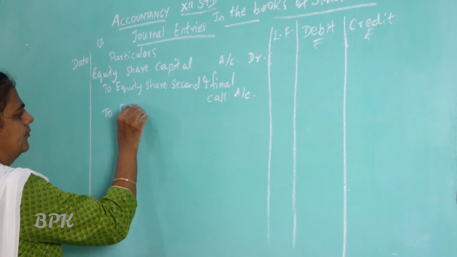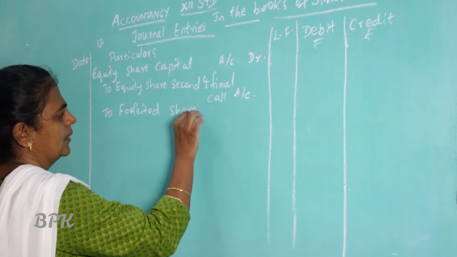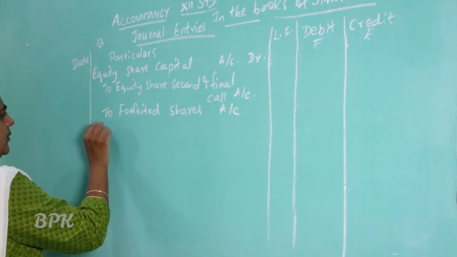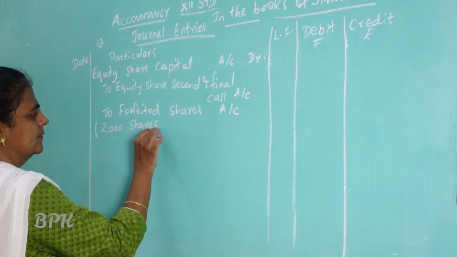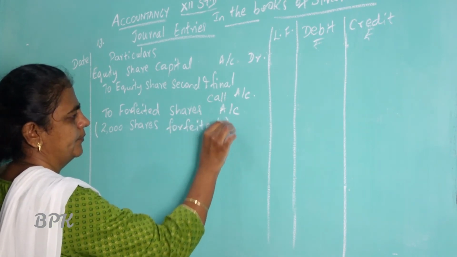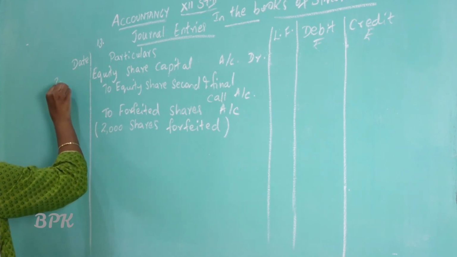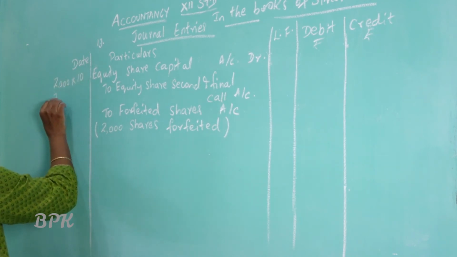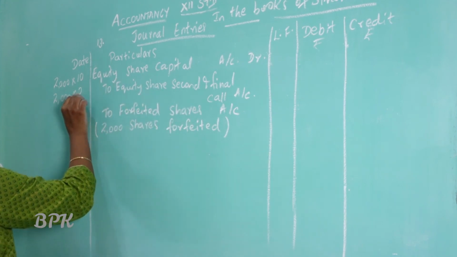To forfeited shares account. 2,000 shares forfeited. So here, you write 2,000 shares, face value is 10 rupees, 2,000 shares not paid second and final call 2 rupees.